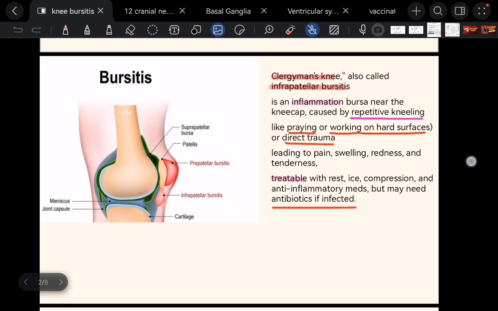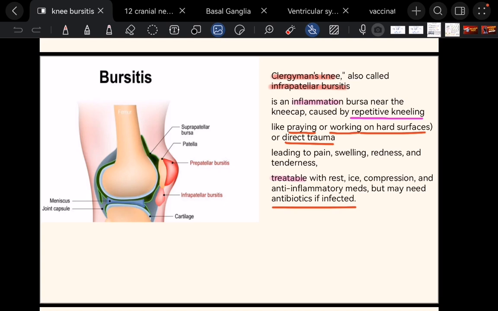Next, we have infrapatellar bursitis. Infrapatellar bursitis is also an inflammation of the bursitis, but it's near the kneecap, just right below the kneecap. It's often caused by repetitive kneeling, such as praying, working on hard surfaces, direct trauma, or squatting a lot. This can lead to a bunch of pain, swelling, redness, tenderness, and problems with extending and flexing the knee.